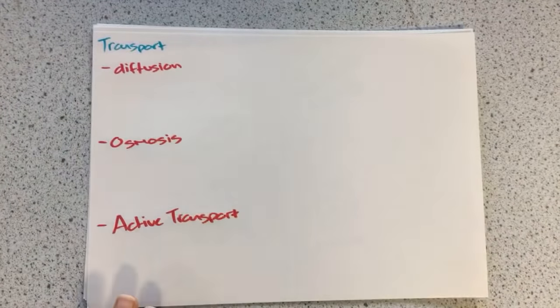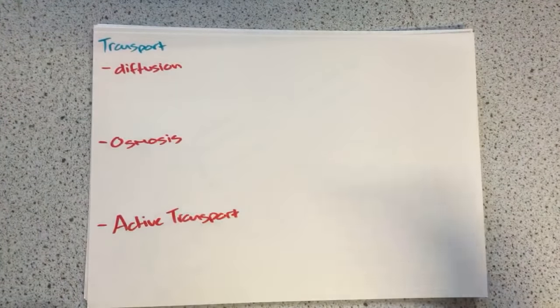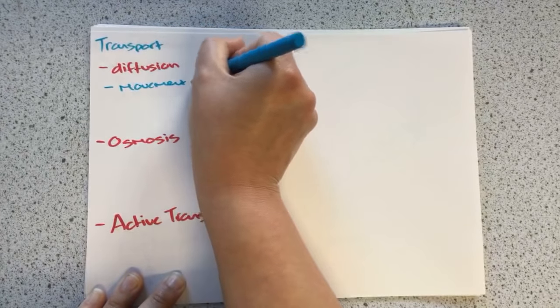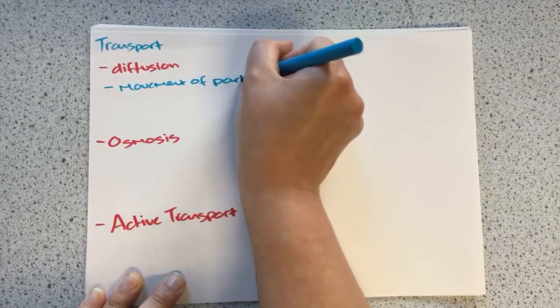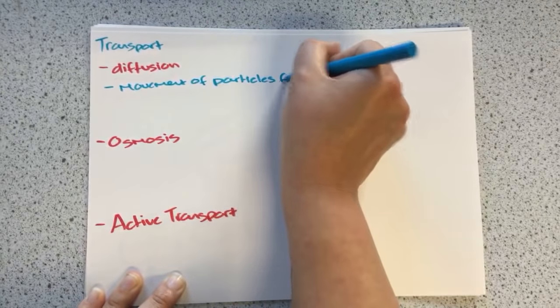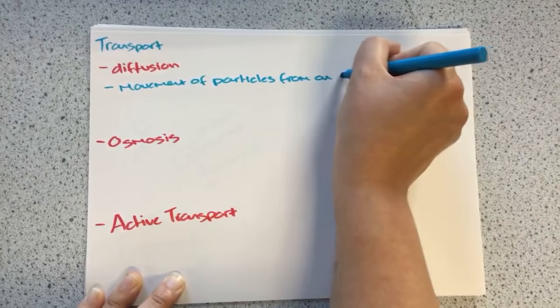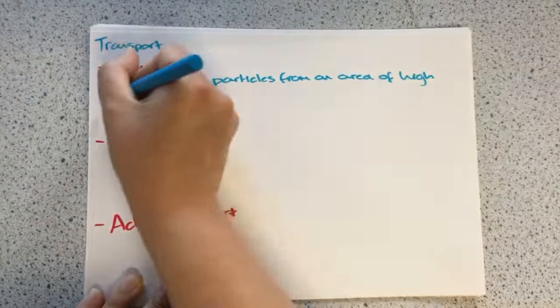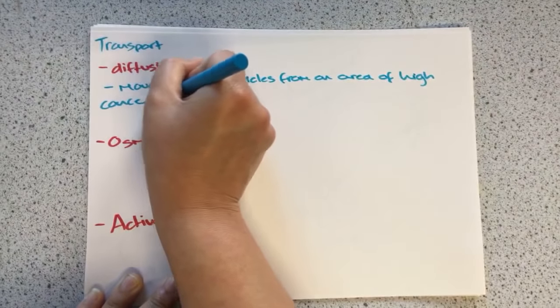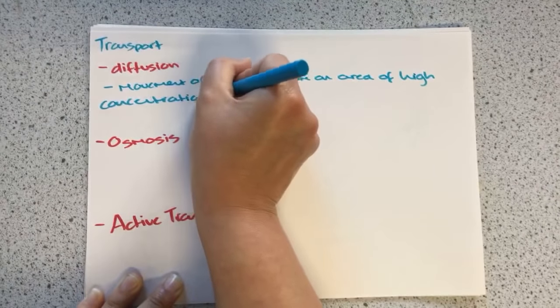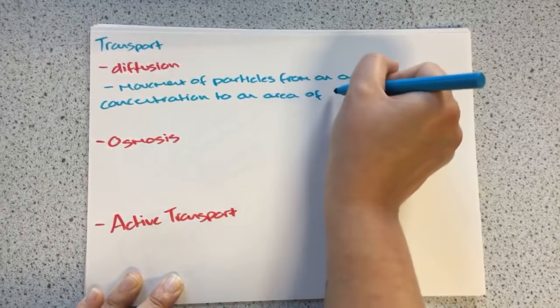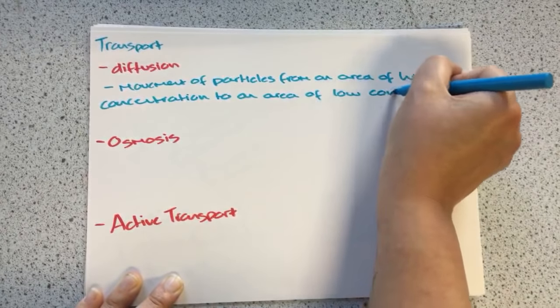So we'll take diffusion first. You should hopefully all be saying this out loud because you should know what it is. Diffusion is the movement of particles from an area of high concentration to an area of low concentration.